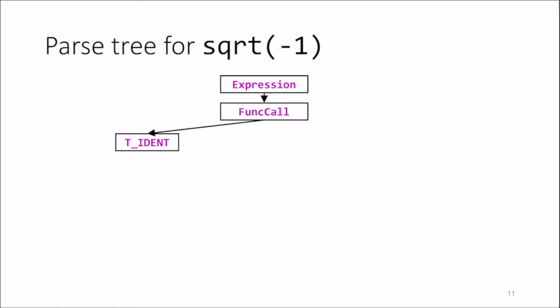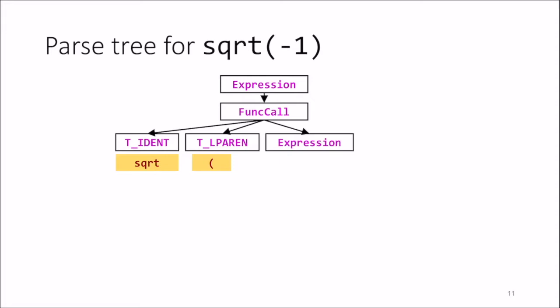Identifier just means a name of some sort, like a name of a variable or function, any kind of name. And we know that square root is a valid identifier. Right? The next thing you need for a valid function call is the open parenthesis. It's part of the syntax of this language. And then finally, what goes inside the parenthesis, this part over here, can be any kind of expression.